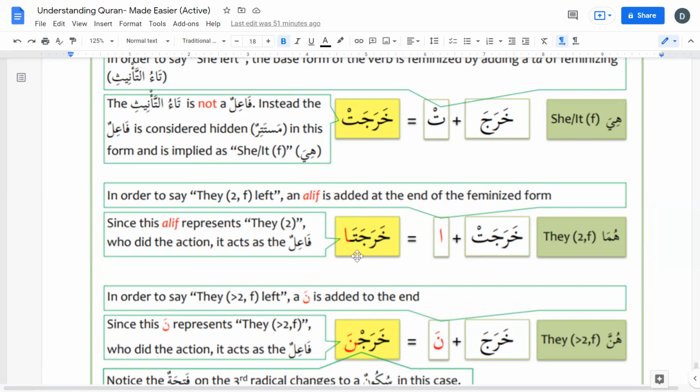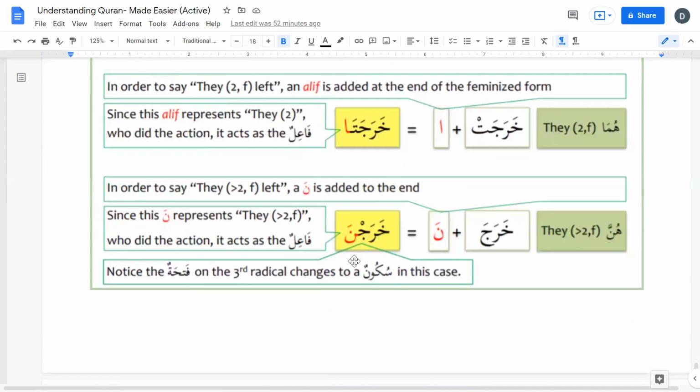Kharajata means two females left, and again the fa'il in this fi'l madi is alif al-muthanna. It is made with kharajat plus alif.